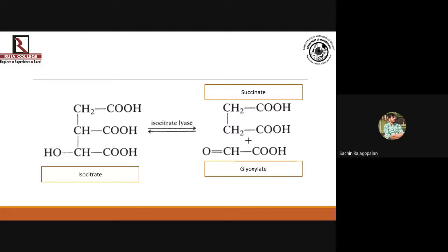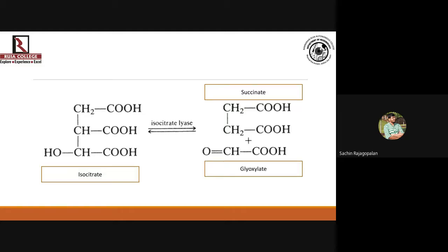So oxaloacetate. So can you tell me how you can have one oxaloacetate for this purpose? Why are we doing this kind of a process? What was the purpose of that? Do you remember the pathway?